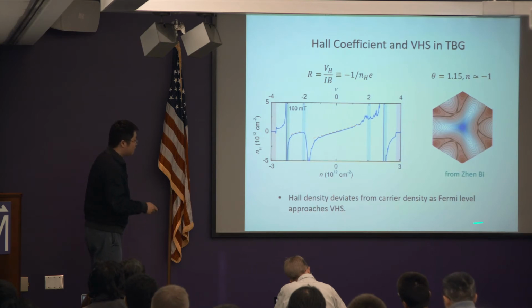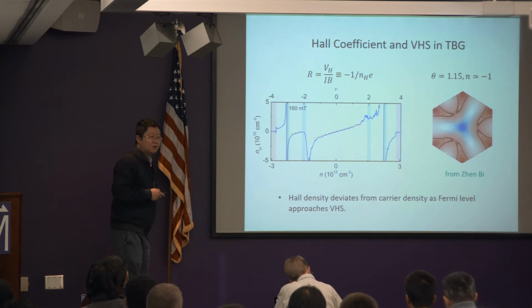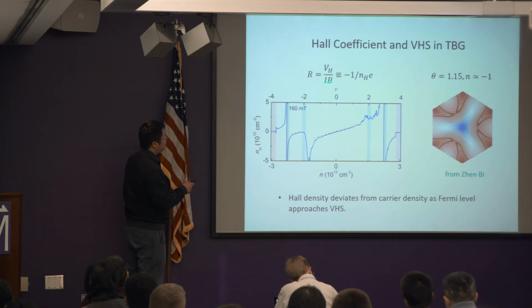In a simple system, the Hall coefficient is inversely proportional to the charge density. People define the inverse of the Hall coefficient as the Hall density, and indeed near charge neutrality, the Hall density is equal to the carrier density.